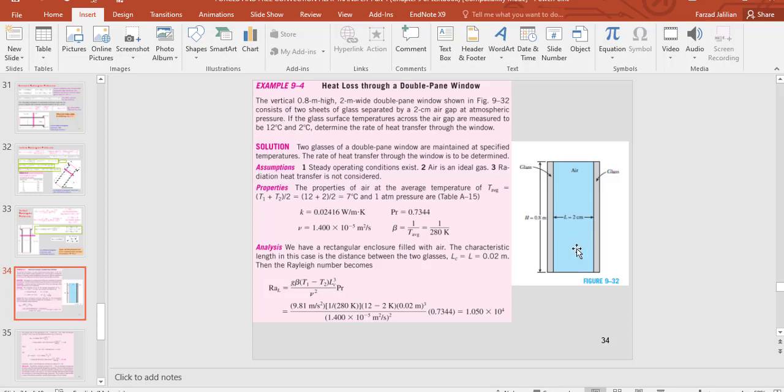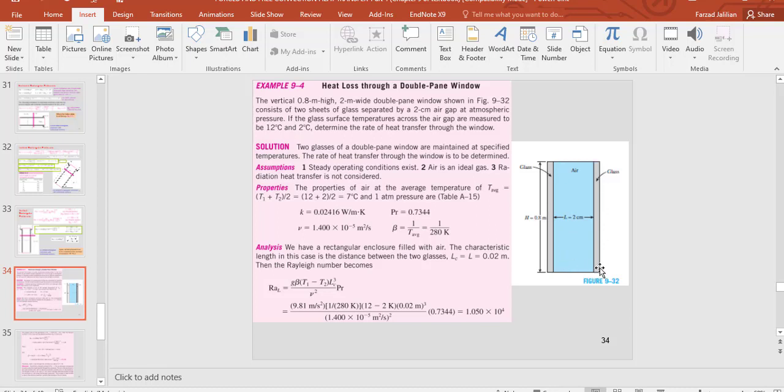We had an example in previous chapters where we calculated the conduction heat transfer for this window. Now we are going to see if we also have convection for this window.